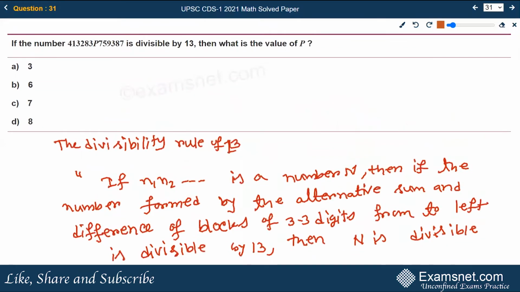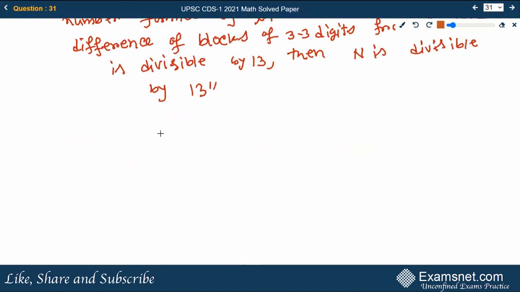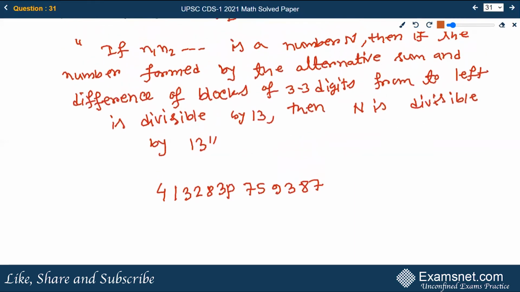Let me write the whole number first. We are given 413283P759387. This is the number, correct? From the right end we will start and move towards the left end.